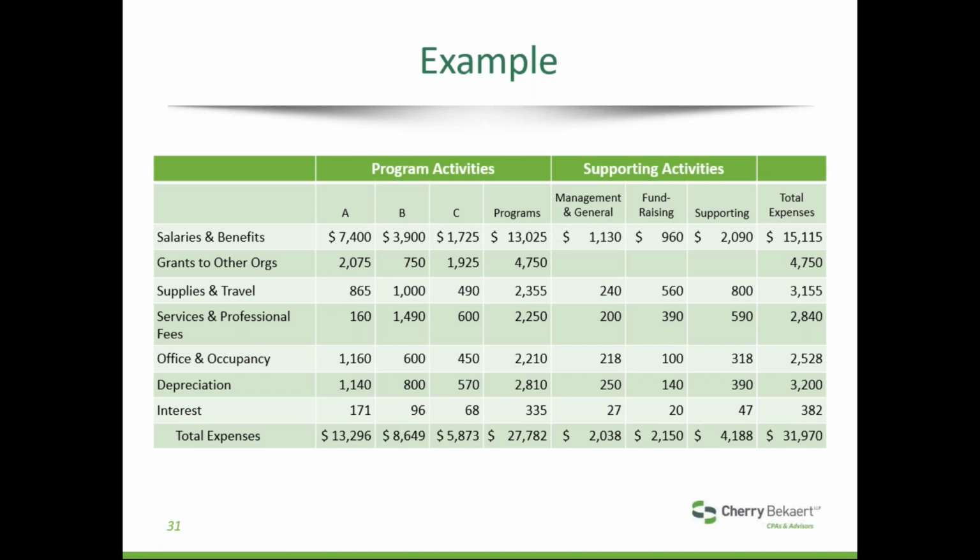Another example would be salaries. They may be allocated to different functions based on time studies. So there's going to be different ways that you're going to find that you probably allocate expenses across these line items. And now's a good time to analyze those and revisit them.